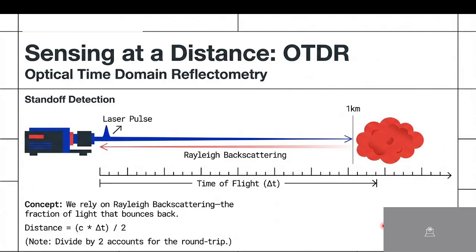The time of flight is del t, but the distance is not simply based on del t, because this should be 2 times, once it is going, the laser pulse hits the sample and the Rayleigh scattering moves back to the detector. This is called the time of flight. The concept is we rely on the Rayleigh scattering, the fraction of light that bounces back. So the distance will be c into del t by 2, and the 2 is because of the round trip.